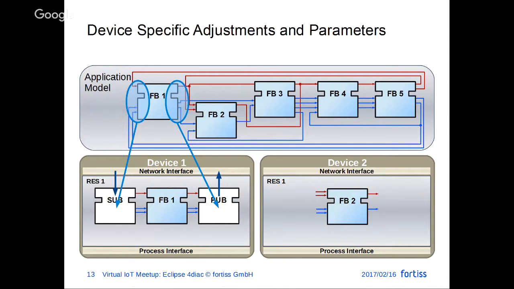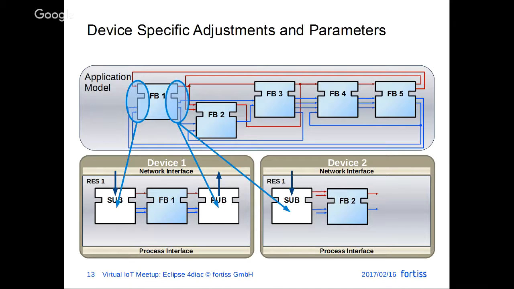So it delivers the data it gets from function block 1. And the outputs of function block 1 are then put by the publisher on the network. And on the other side, we insert a subscriber to receive this output and hand it on to function block 2. The great advantage of this approach is that your application model, as I said, is not disturbed by that.